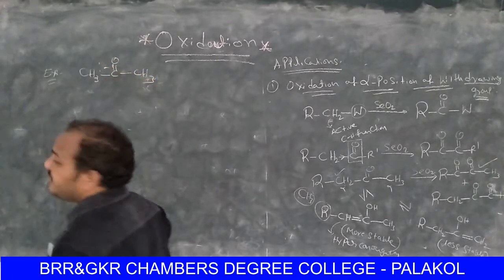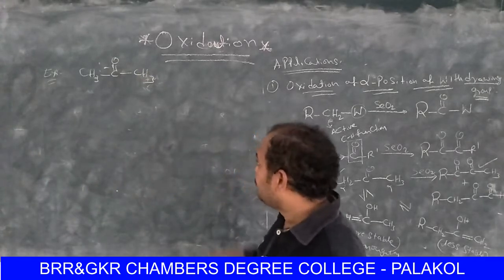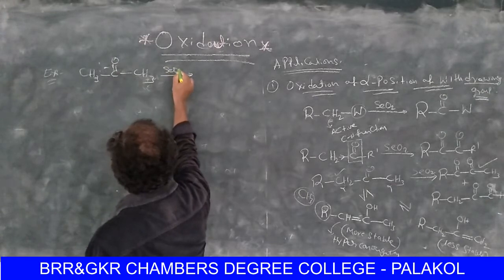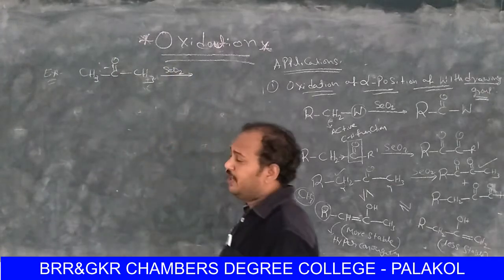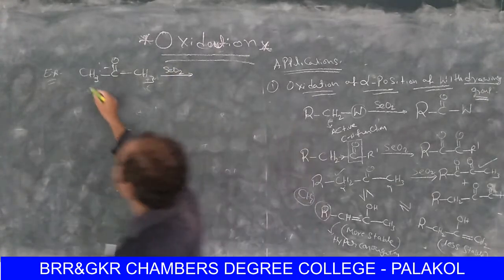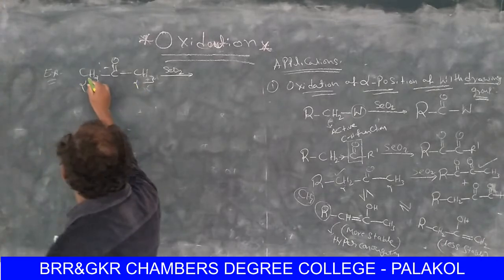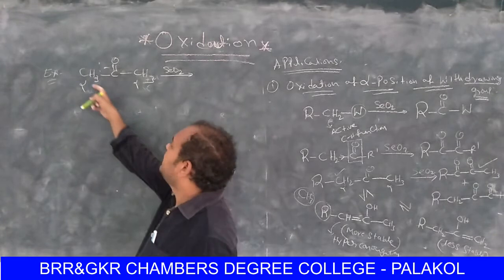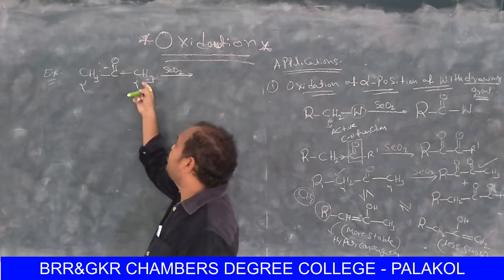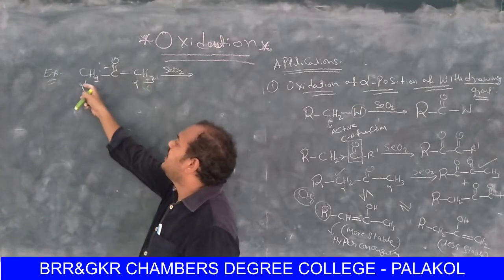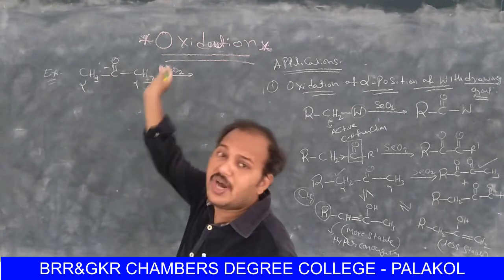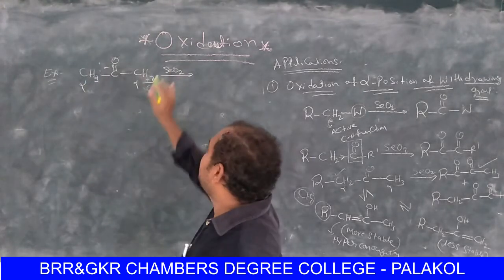Suppose I am taking acetone. If I do oxidation with SeO2, then what is happening? Here this is an alpha carbon, this is an alpha carbon, this is a CH function. So according to SeO2, both of these are methyl groups, so both can undergo oxidation with SeO2.